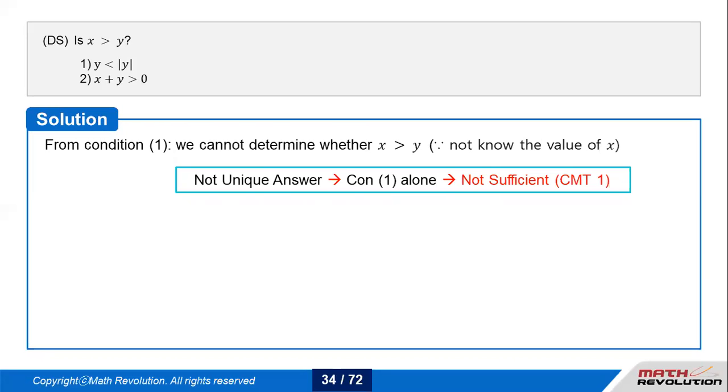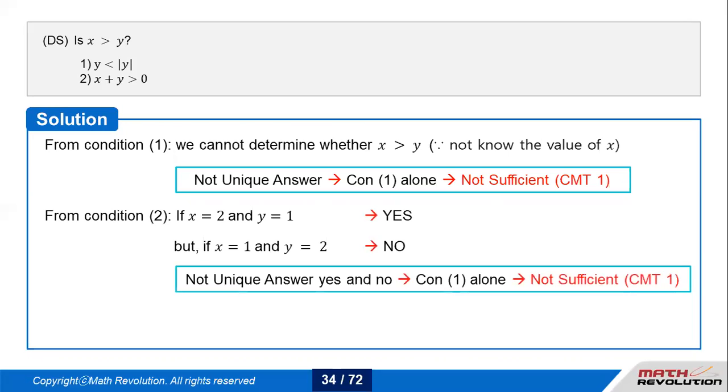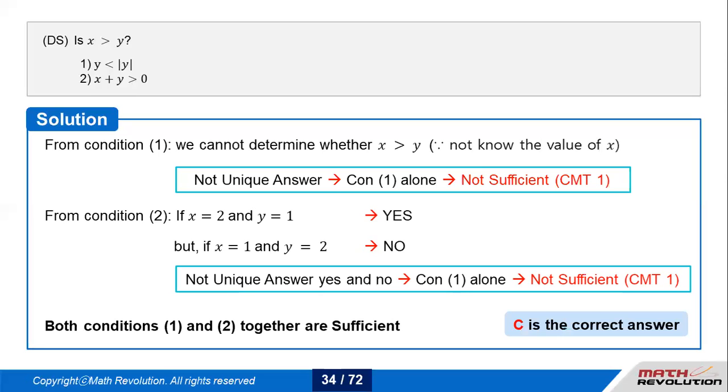That's not at all sufficient. Condition 2 says that x plus y is greater than 0. So if x is 2 and y is 1, it is still greater than 0. But if x is 1 and y is 2, that is still greater than 0, but now x is less than y. So with this particular condition number 2, again it is insufficient. So for me, the answer goes as C.